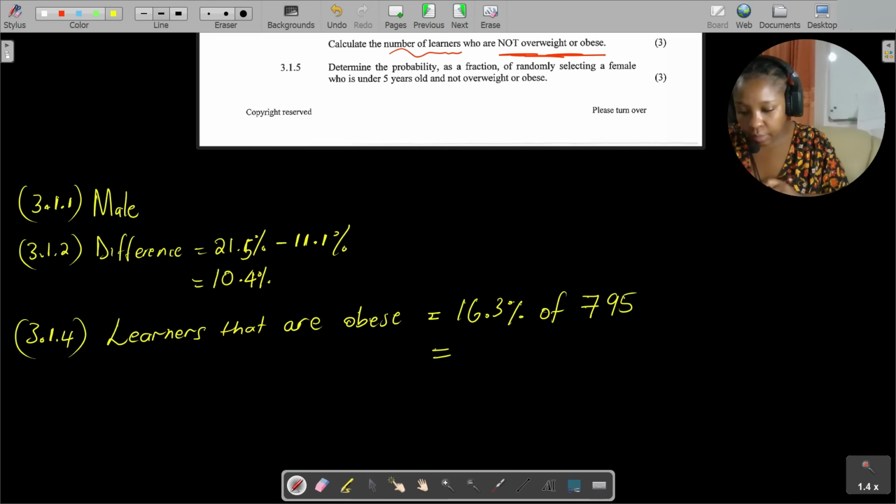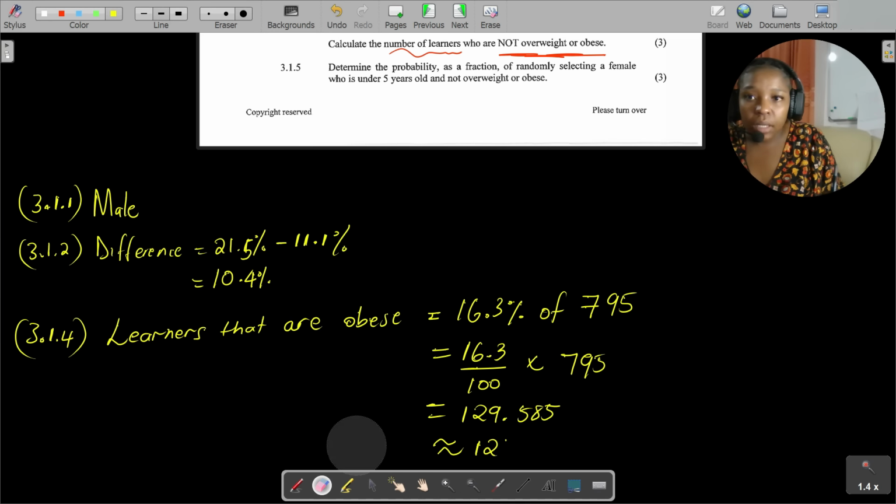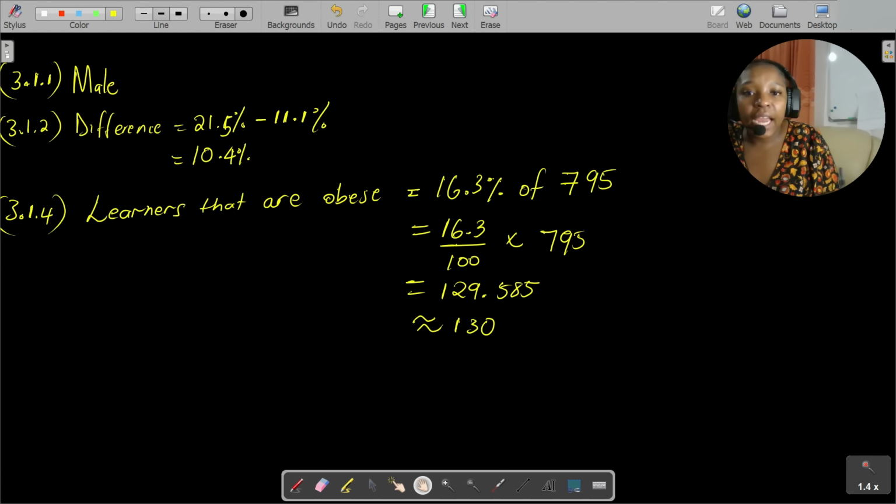It's going to be 16.3 over 100, multiplied by 795. So it basically tells us that 129.585 learners are obese. So it's approximately 130, if you round it off to a whole number. 130 learners are actually obese.